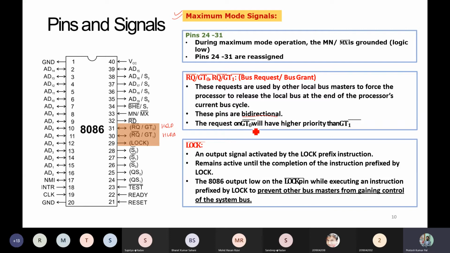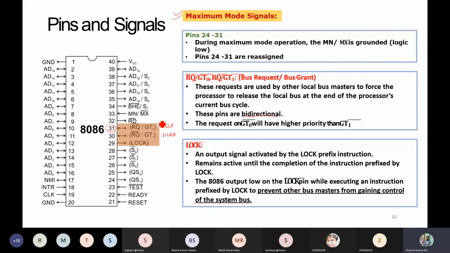The request on GT0 will have higher priority than GT1. So if a request is given to the GT0 pin, pin number 31 in case of maximum mode, then it will have high preference. These two pins are used for taking a request and granting a request for the buses, basically control bus and data bus.